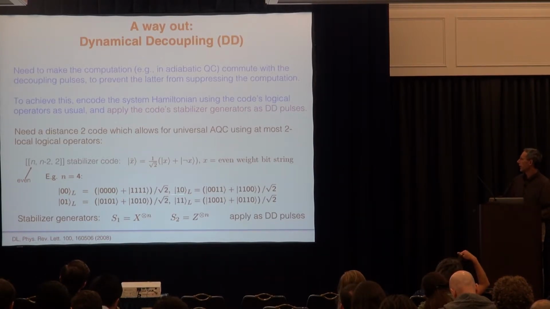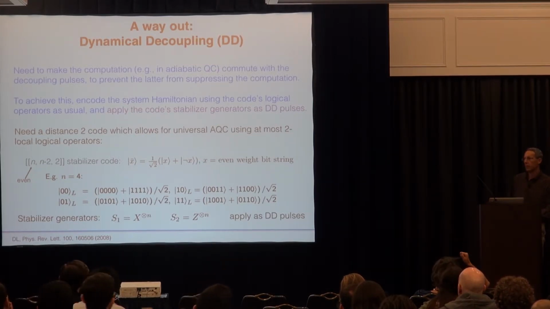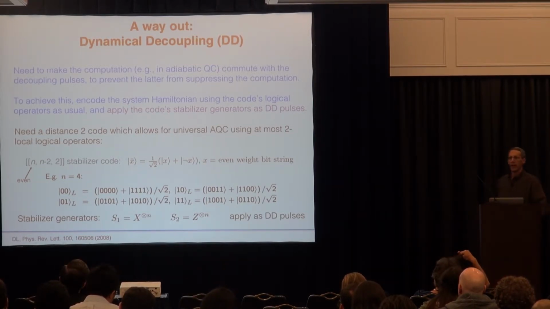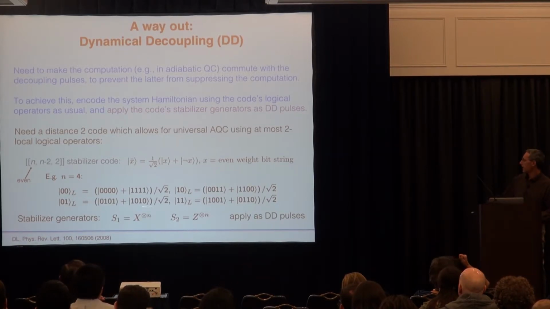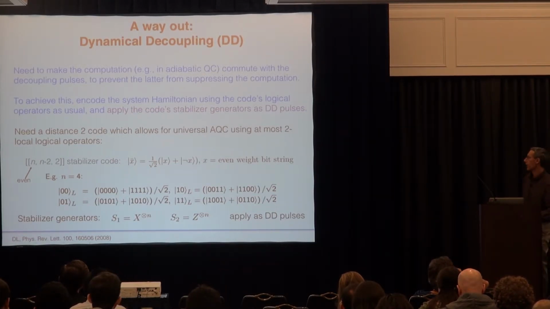Here are the four states. The stabilizer generators are the global X and the global Z, and these are going to be applied as dynamical decoupling pulses. So again, unlike the error suppression setting where this would be an n-body interaction, which is not good, now this is just a gate acting on n qubits, and that's okay.